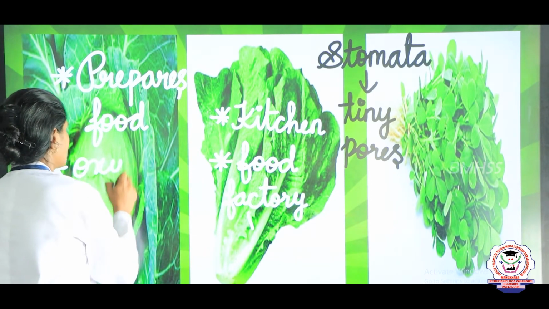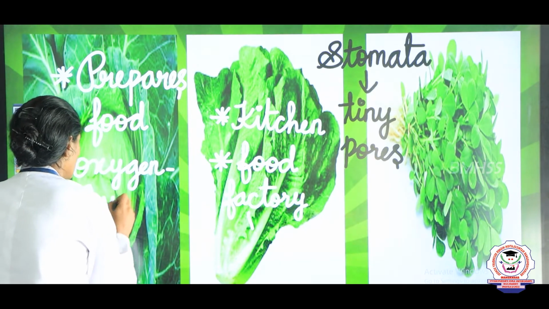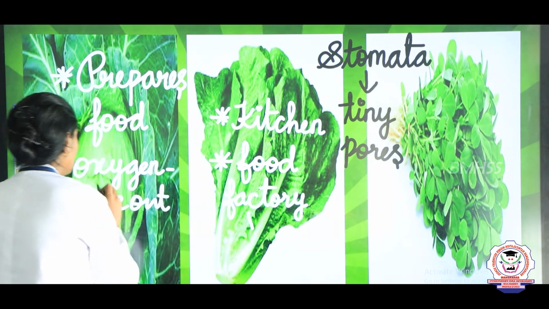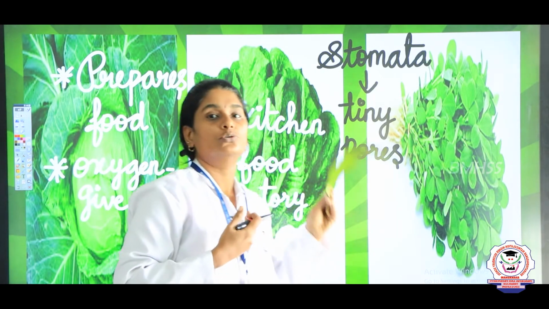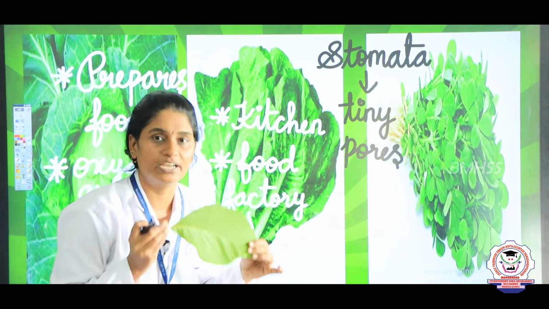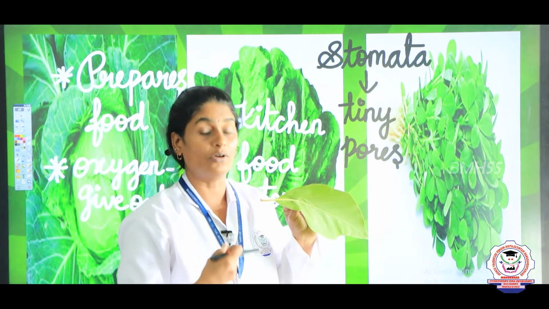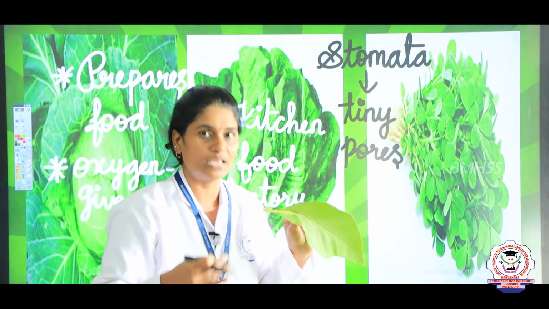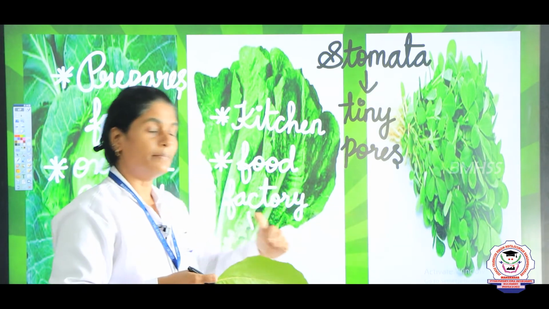They give out oxygen to all the living beings, for example animals and of course human beings. Oxygen is important for life. We inhale the oxygen, and all the animals and human beings need oxygen to live. That oxygen is supplied by the leaf.